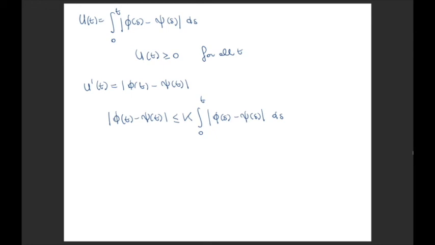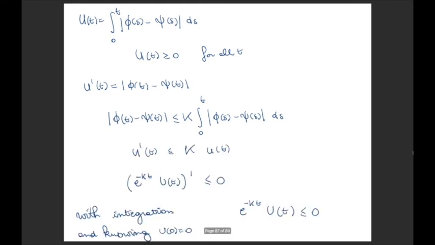From the equation we had before, we have that the absolute value of phi t minus psi t is bounded by k times the integral from 0 to t of phi minus psi ds. And by what we introduced, one is u prime and the other is k times u.